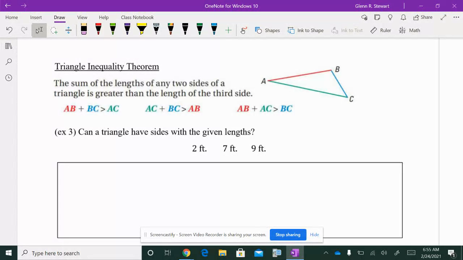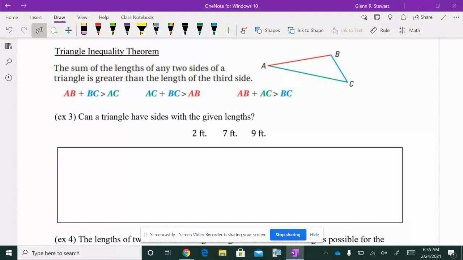For example, if you take a look at number 3, can a triangle have sides with the given lengths? Essentially what we're trying to figure out is if I added the smaller sides together, would they be greater than my largest side?